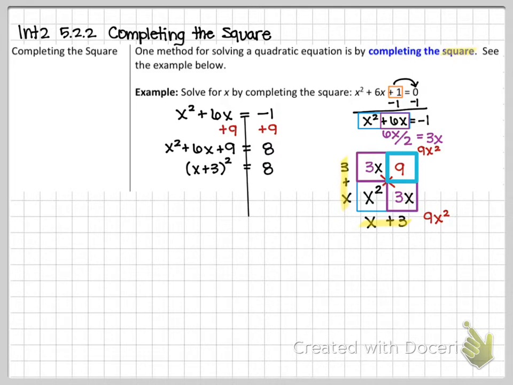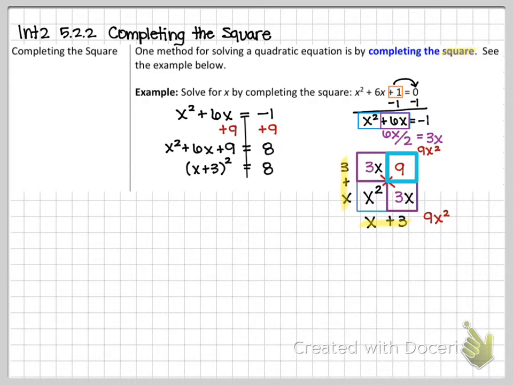So from here, I am going to try to get the x by itself. All right, well, I've got a +3 that I'm going to have to deal with. I have parentheses I'm going to have to deal with, and I have a squared that I'm going to have to deal with. All right, let's start peeling them away. So let's get rid of the squared first.